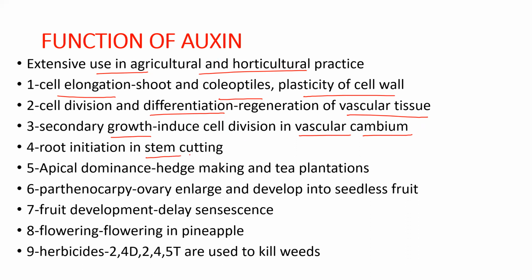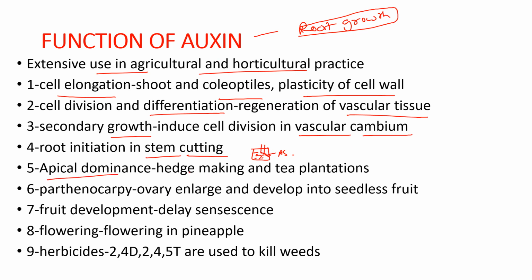Root initiation in stem cuttings: if you put a stem cutting in auxin solution, the roots will grow. Basically, auxin promotes root growth. It also causes shoot growth, but its main function is root growth. Whichever part of the plant you spray the auxin on, the roots will grow.